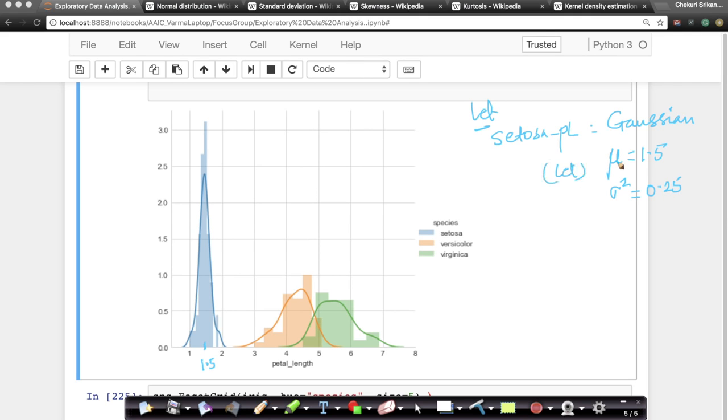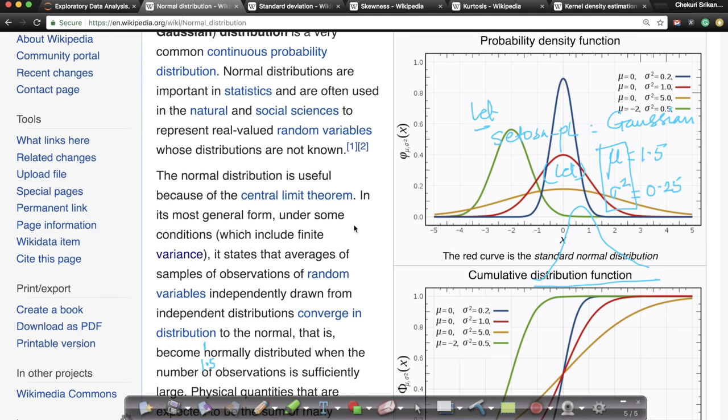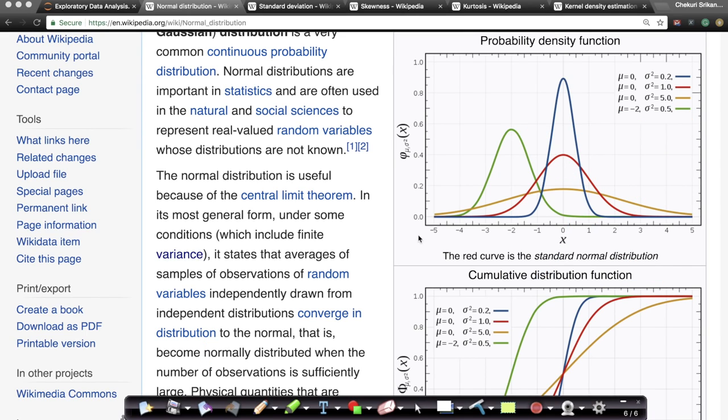The moment you tell me that mu is 1.5 and sigma square is 0.25, I can quickly draw the distribution without having even seen one value of petal lengths of setosa. If you just give me these two values, I know what the PDF looks like. As soon as I know the PDF, I can compute my CDF. So all the information in 50 observations can be summarized very succinctly by just these two values.